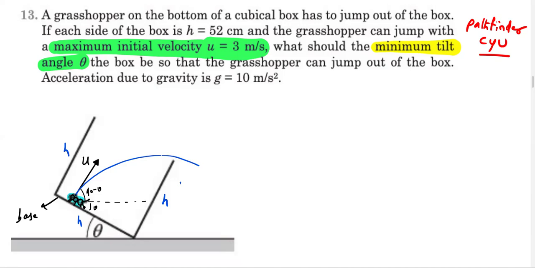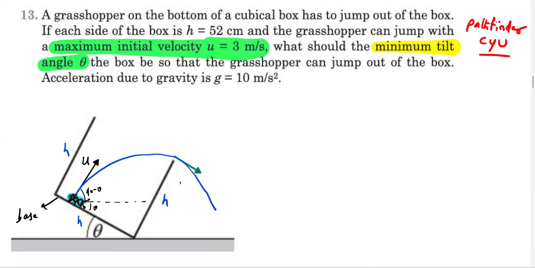When it is crossing, it must have the velocity directed perpendicular to the side wall of the box. Let me draw it. Fine.